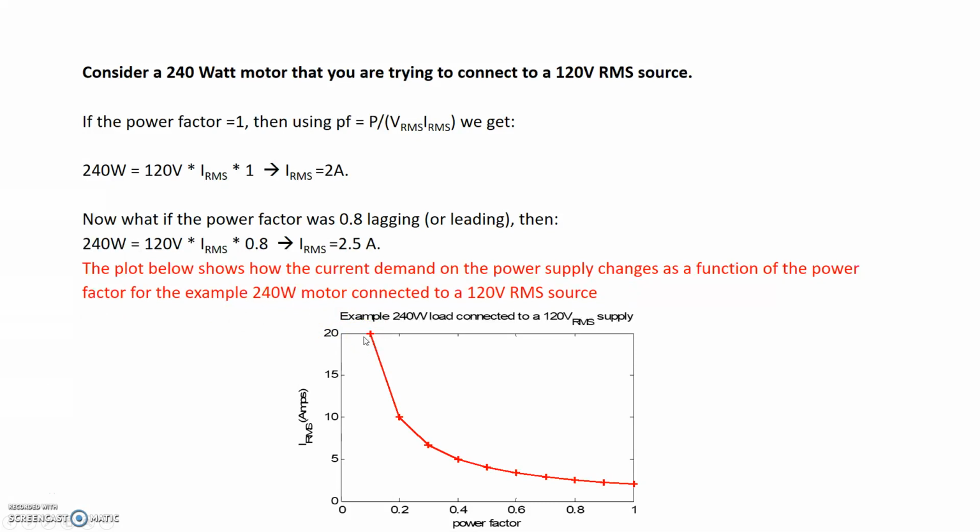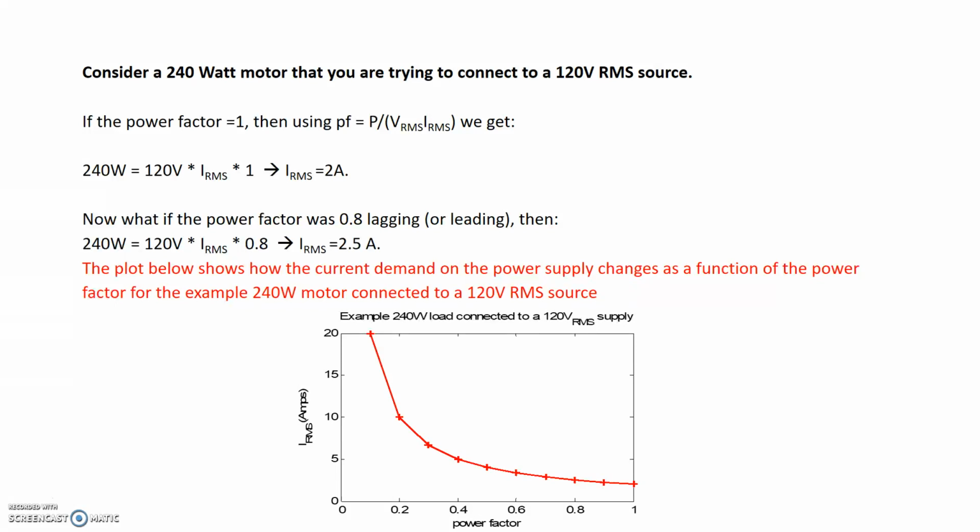A quick summary to keep in mind. AC power systems have different names for different situations of power. We have instantaneous power, which tells us the power at any given time. The average power of an AC system is the power dissipated in the resistive portion of the impedance.